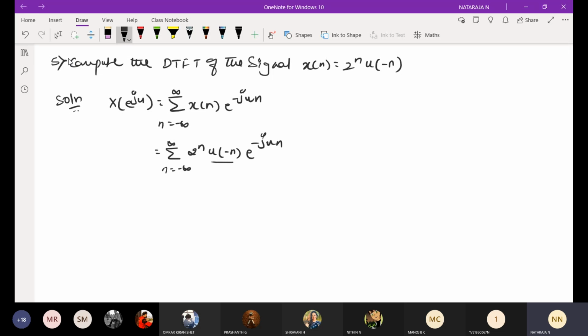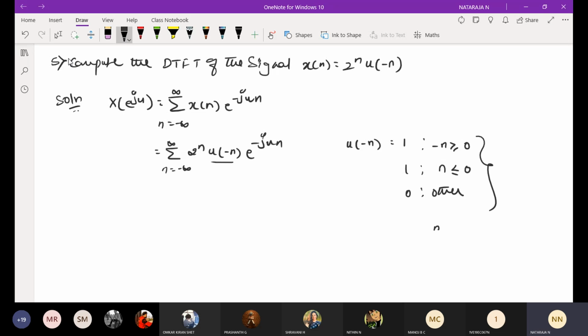What is u of minus n? We already know u of n, but we need to find it for u of minus n here. u of minus n is equal to 1 when minus n is greater than or equal to 0, that is, n less than or equal to 0. u of n is from 0 to infinity, while u of minus n is the reflected version. So it varies from minus infinity to 0, and in other cases it will be 0.